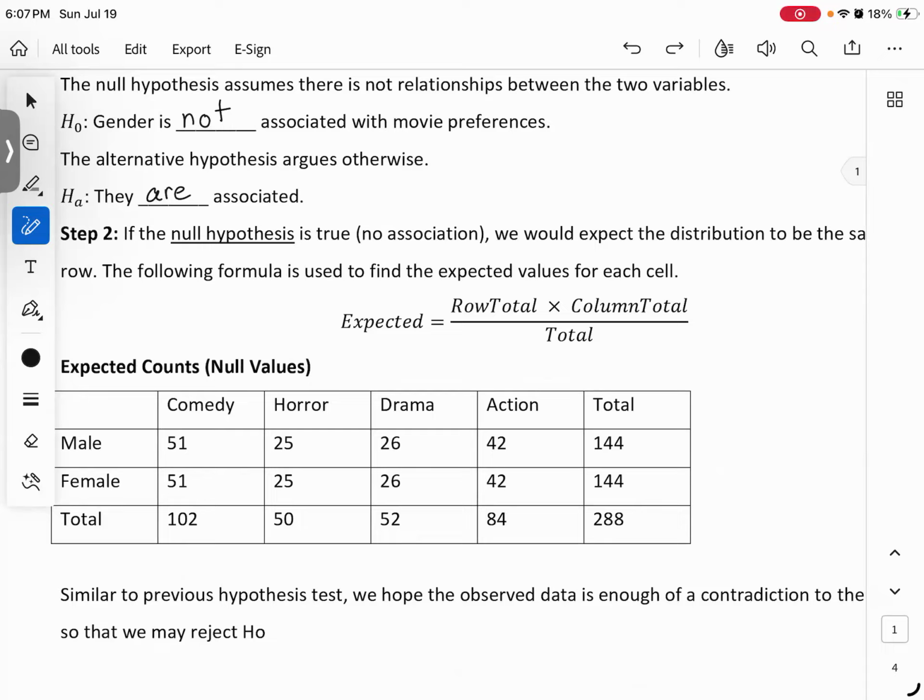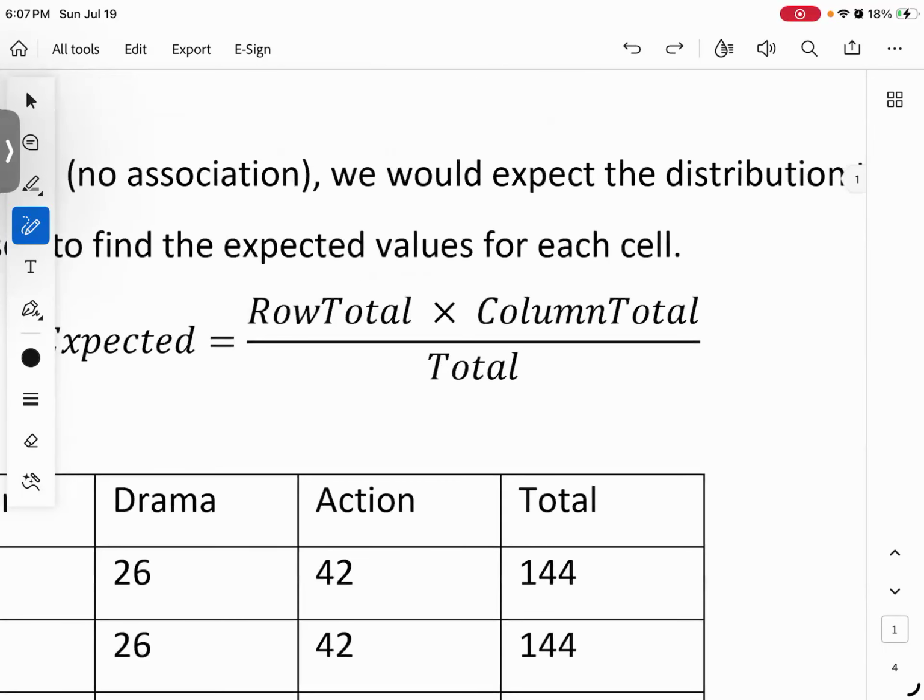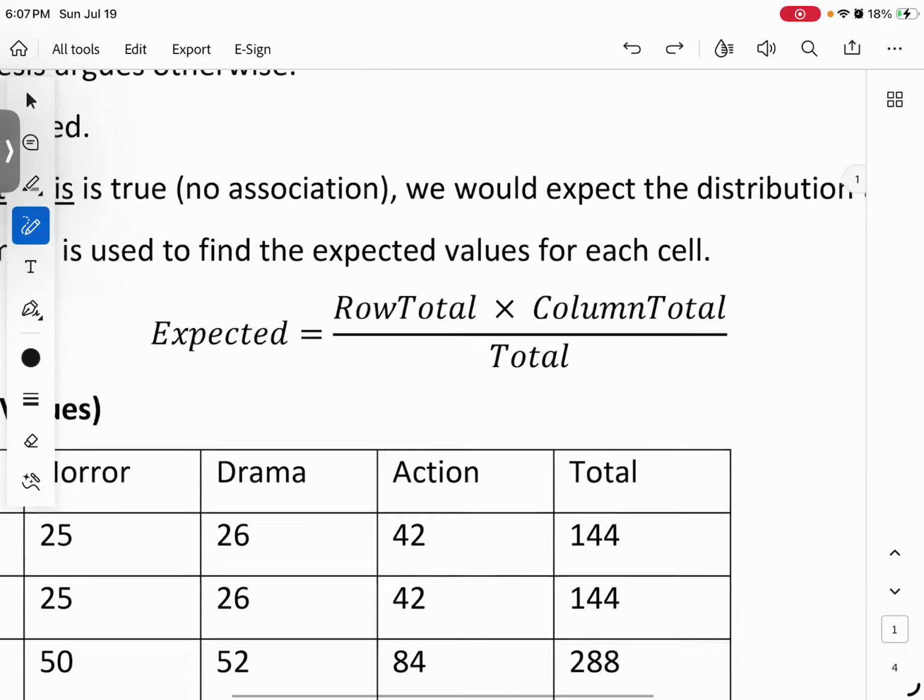So if we go into this with the assumption that the null hypothesis is true, that male and female are going to like each genre of movie the same, we need to calculate what are known as expected counts. That's the little formula that we use in order to calculate what would be expected if the null hypothesis is true, that male and female like everything about the same amount.